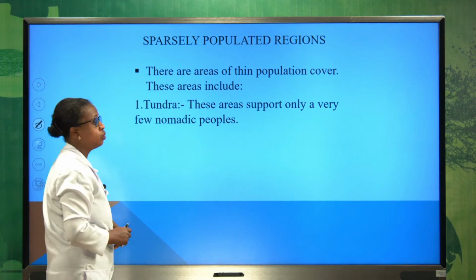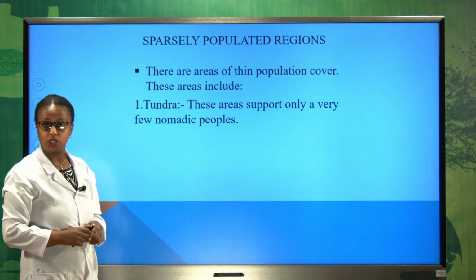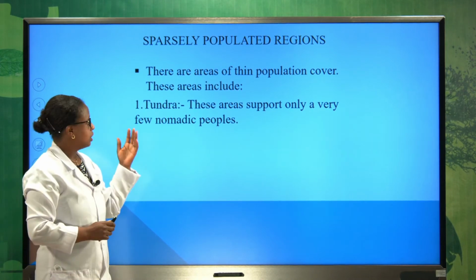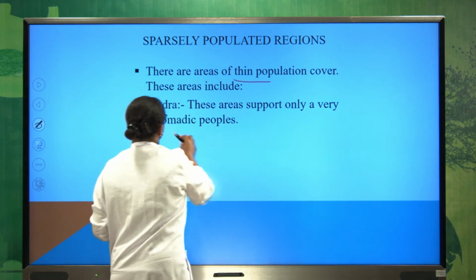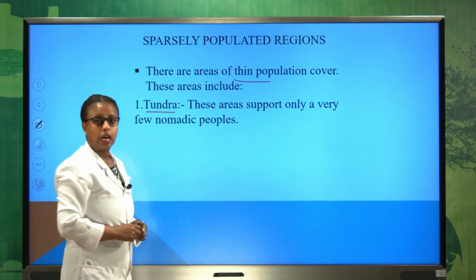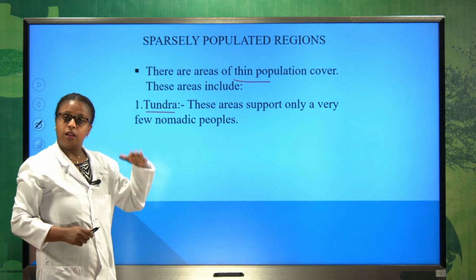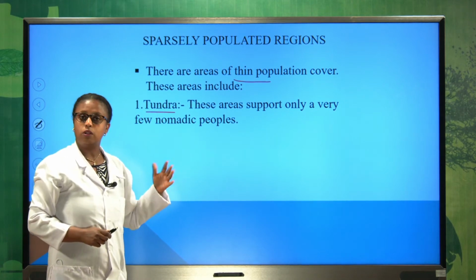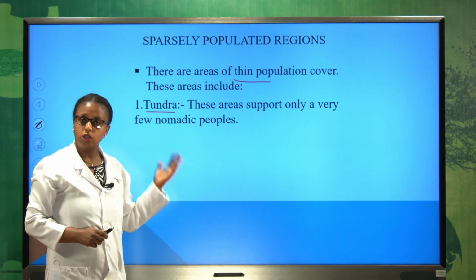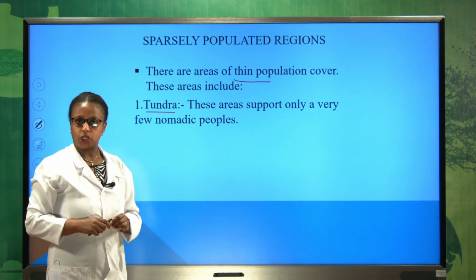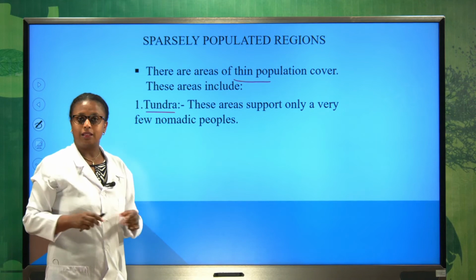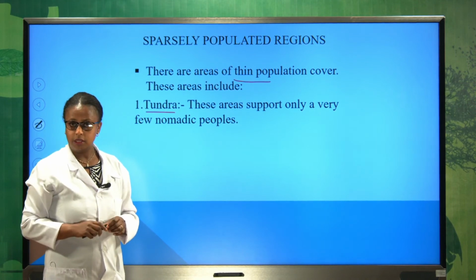Now let us move to the sparsely populated regions of the world. This region is covered by thin population and includes tundra. As you have learned in the frigid zone, tundra is one of the sub-regions of the cold zone, or the frigid zone. Due to its cold temperature, the growth of plants is very restricted or limited.